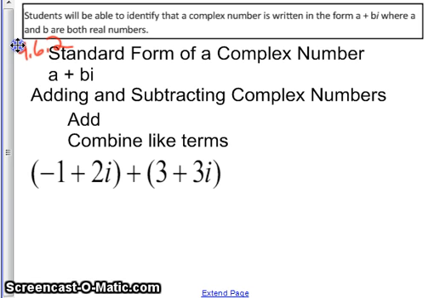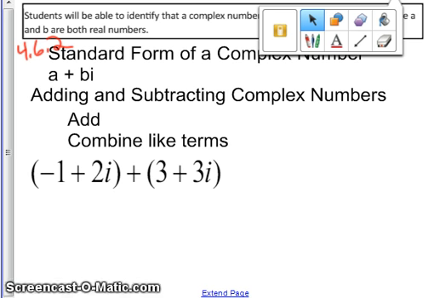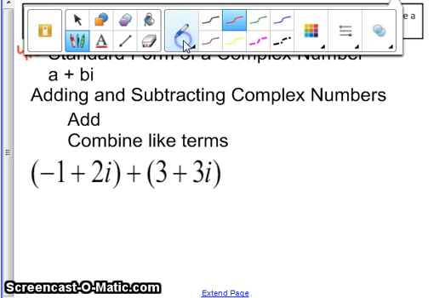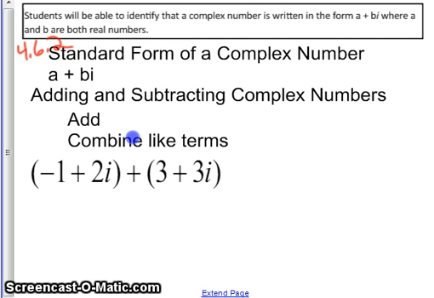So yesterday we learned about the imaginary unit. Today we are talking about complex numbers. Complex numbers are of the form a plus bi, where i is the imaginary unit.